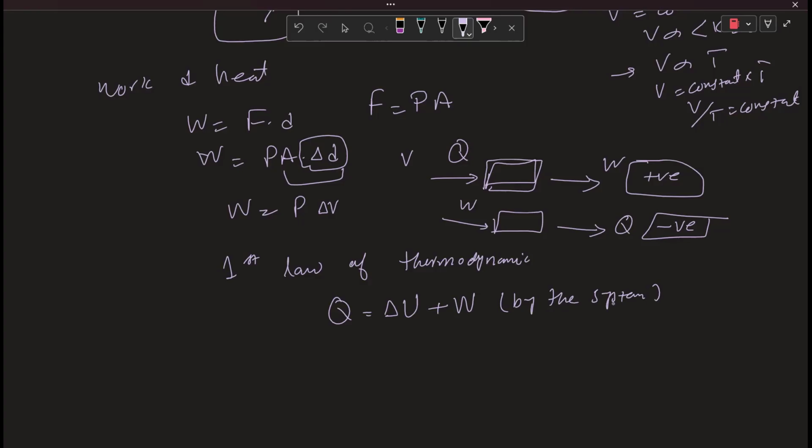Okay. This first law of thermodynamics links with two very important processes, which are the isothermal process and the adiabatic process.